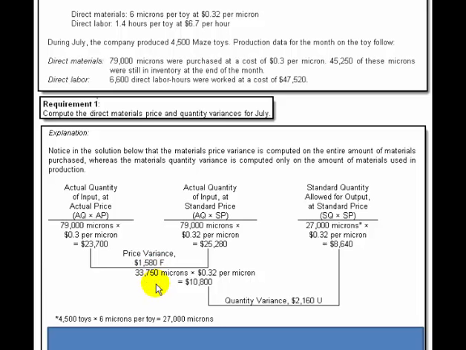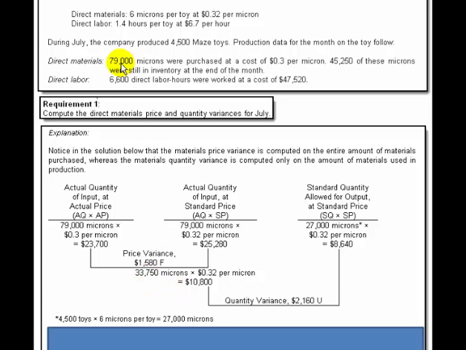But now we need to figure out, well, what did we actually use in production? And what we actually used was 33,750 microns at 32 cents each to come up with 10,800. All right. So where did the 33,750 come from?